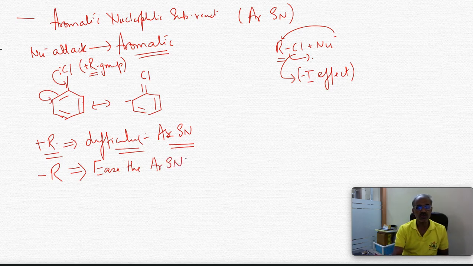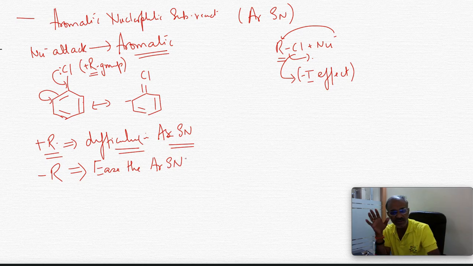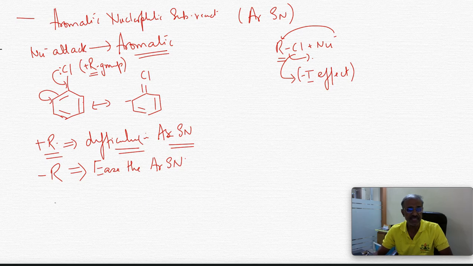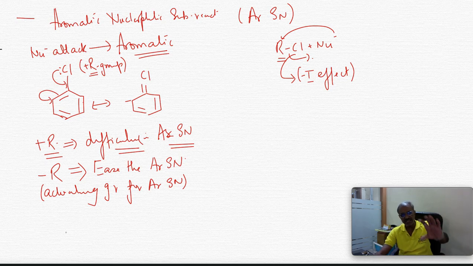So plus R is going to create difficulty, while minus R will act as an activating group for this, because it will create a partial positive character on the benzene ring. The minus R group will create a partial positive environment on the benzene ring, due to which the nucleophile can easily attack the benzene ring.